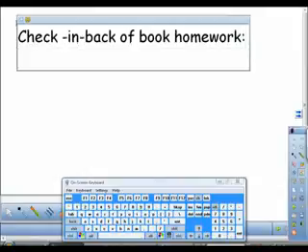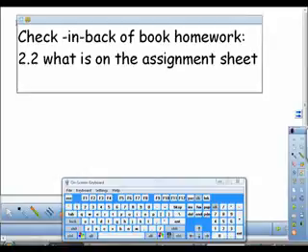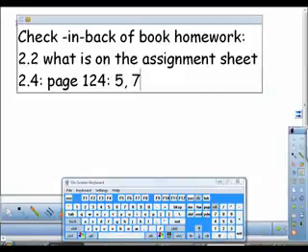The check-in-the-back-of-the-book homework is 2.2, what is on the assignment sheet, and on 2.4, over on page 124, I want you to do problems 5 and 7.